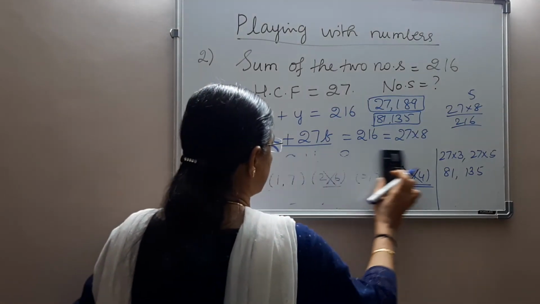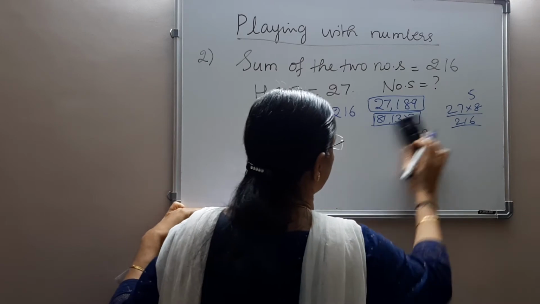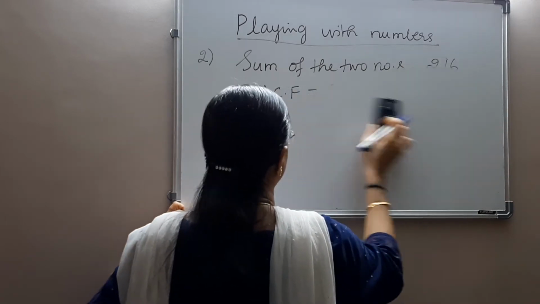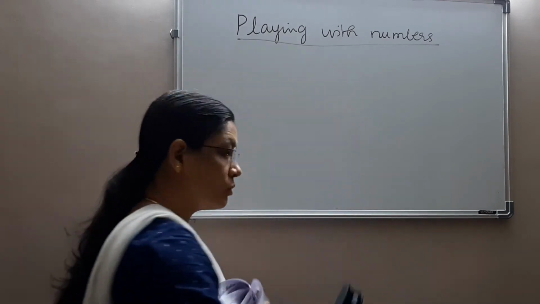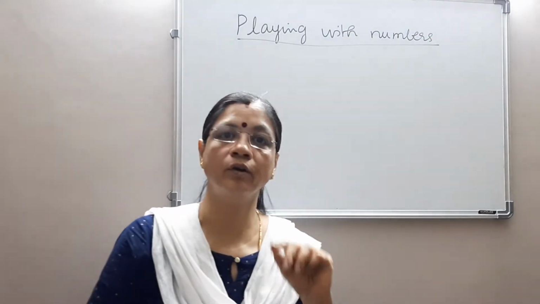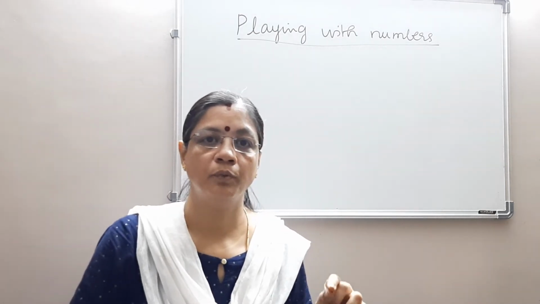Hope you understood. So the first thing you need to remember while doing this type of sums is that either the sum of the numbers can be given, or the product of two numbers can be given and the HCF is also given. Then you need to proceed with the product.